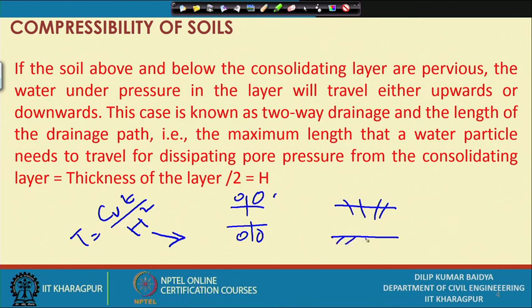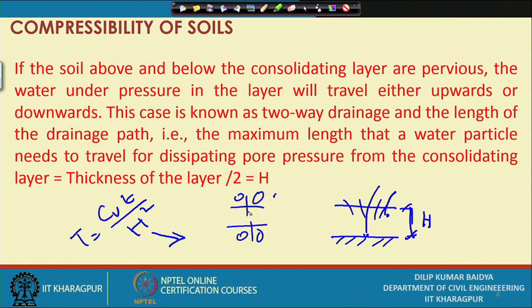So, if this is impervious, then to dissipate pore pressure from here, the water particle has to move this much distance. In that case h becomes this. So, the longest; the soil particle here will travel this much distance, but at this point it will travel this much distance. So, the longest path is h. That means, if one way is impervious and the other side is pervious, then the longest path will be the thickness of the layer.